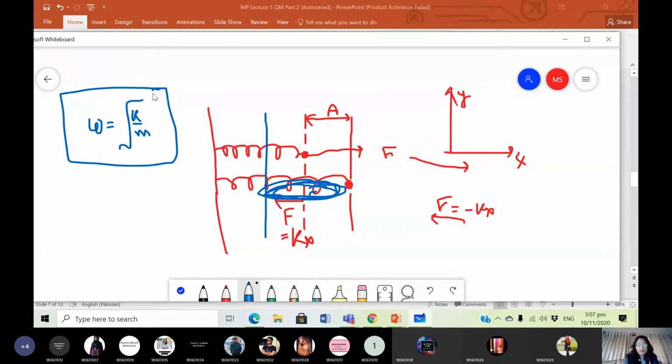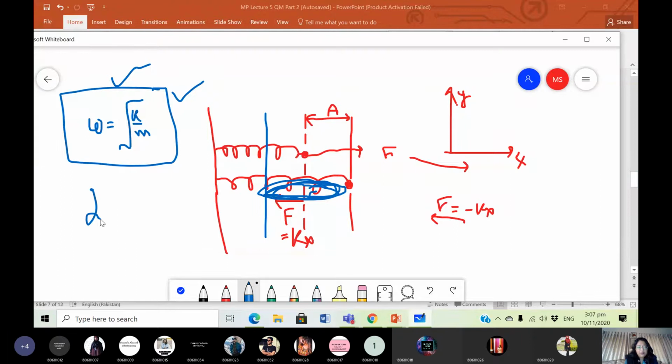The angular frequency of the spring is equal to the square root of k over m, where k is the spring constant or the force constant, and m is the mass that is attached to the spring. ठीक है? So न्यूटन के लॉ को और स्टोक्स लॉ को इक्वेट करके आया है. Stokes law, okay, well, whichever way it came, we know that for the spring, this is the equation that holds.